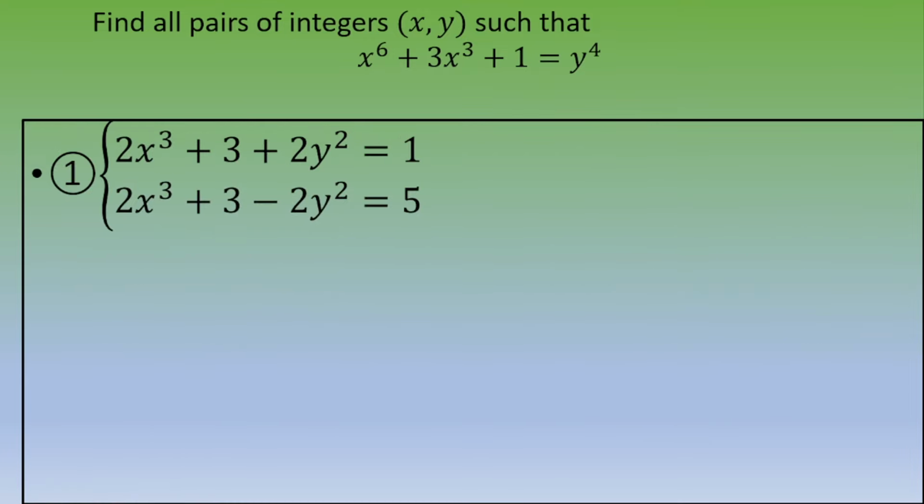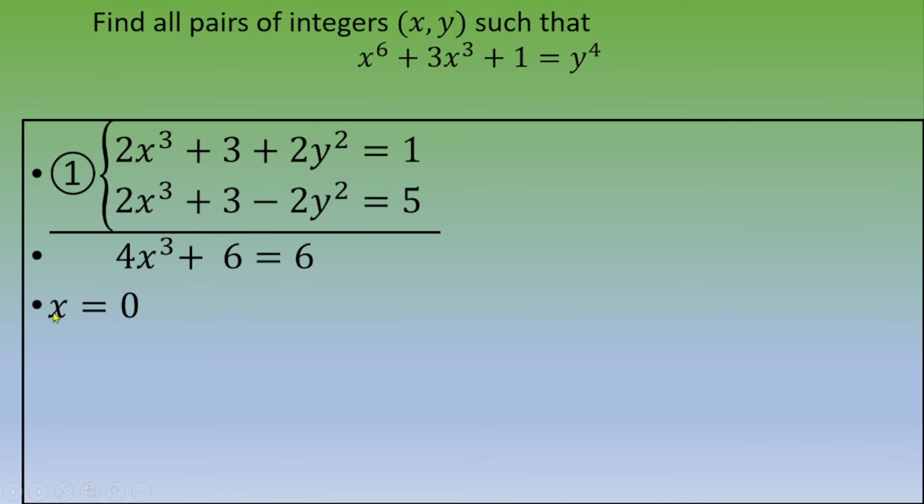First case, first term equals 1 and second term equals 5. If you add these two rows, you got 4x cubed, 3 plus 3 equals 6, 2y squared plus -2y squared, this is 0, and 1 plus 5, this is 6. So you end up with 4x cubed plus 6 equals 6.